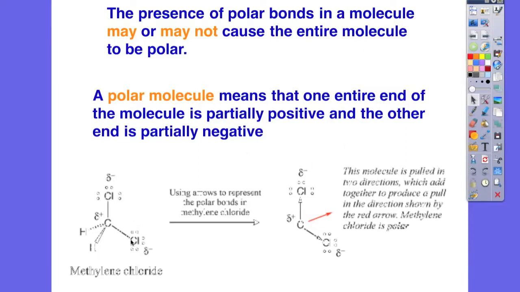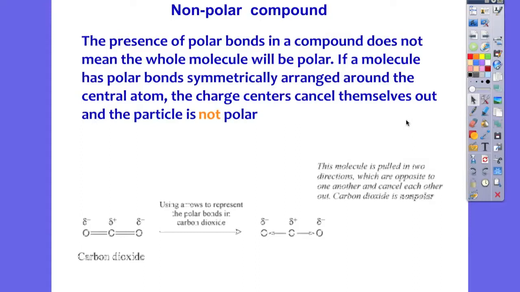Right here we have this end with a partial negative and this other end with a partial positive. So this molecule is going to be polar. Whenever they share them equally, if they're symmetrically arranged, then they're going to cancel each other and this is going to be a nonpolar compound.